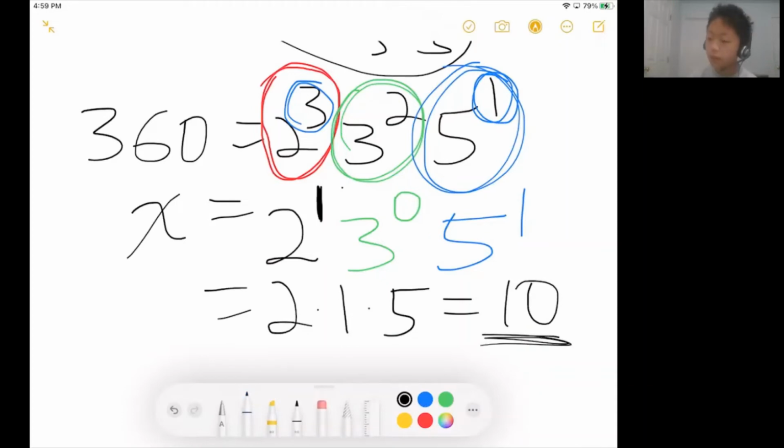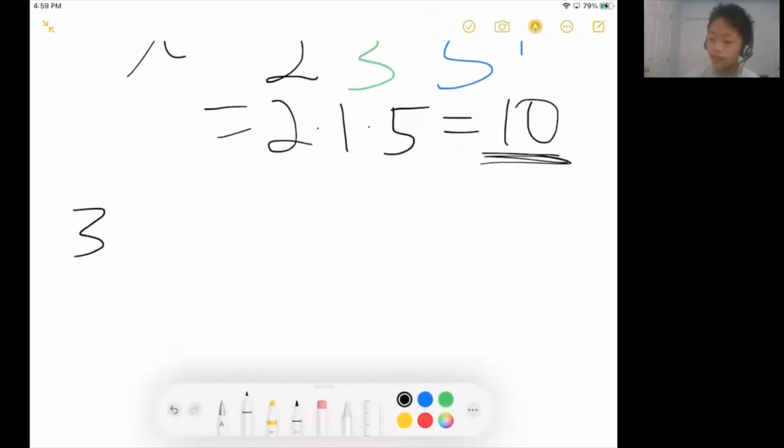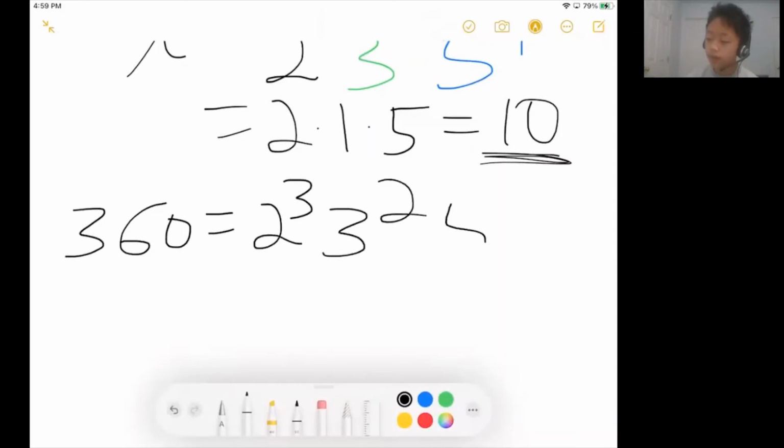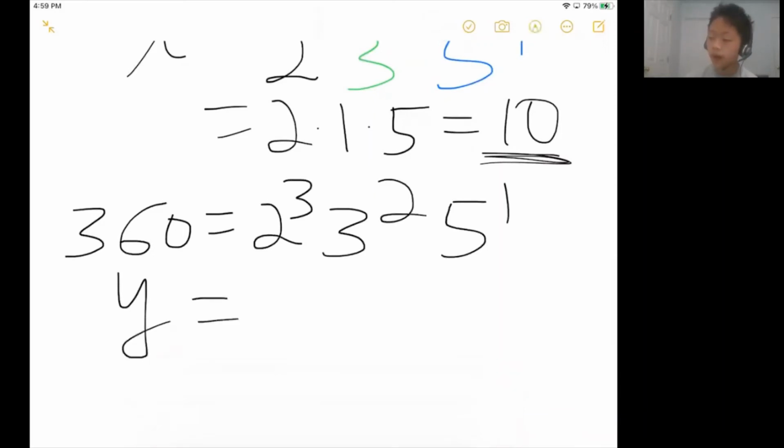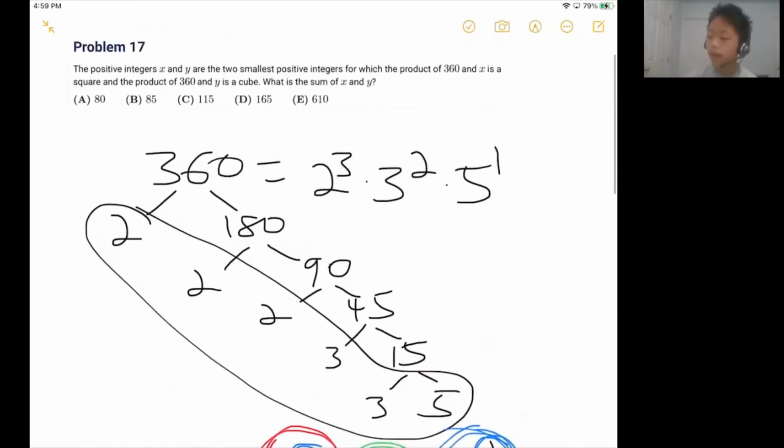To find y, we do a very similar process. We still have 360 equal to 2 cubed times 3 squared times 5 to the 1. If we multiply this by y, we're given from the problem that the number is going to be a perfect cube.